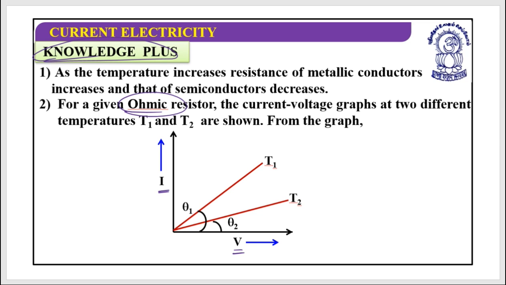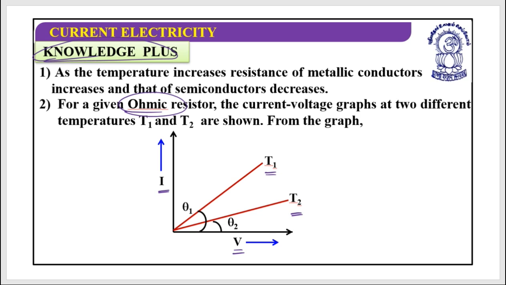So for a given ohmic conductor, the current versus voltage graph at two different temperatures T1 and T2 has been formed. Now from the graph I need to find out which temperature is higher or which resistance is higher. How could you do this? Take a time of 10 seconds and let me know. How can we do this?